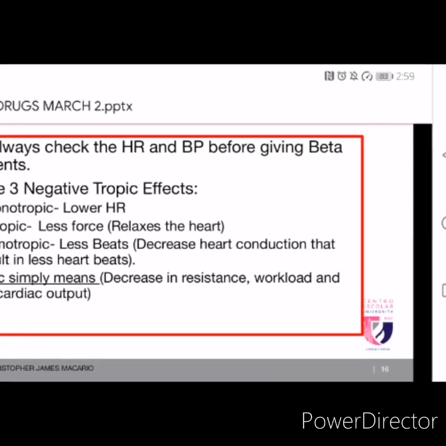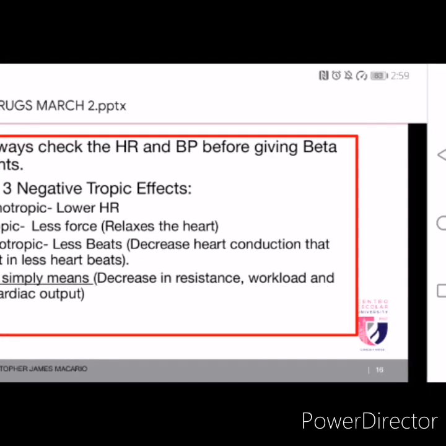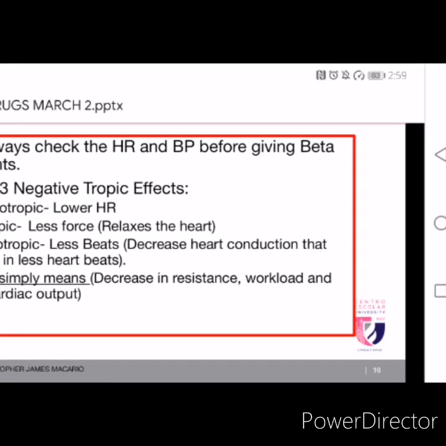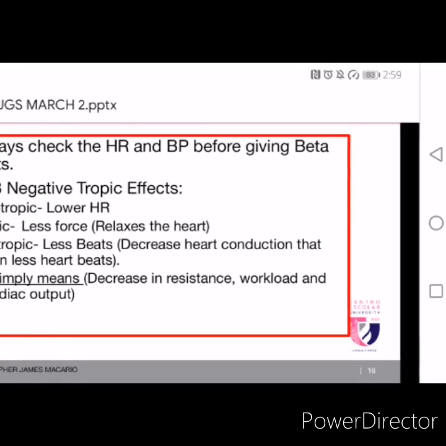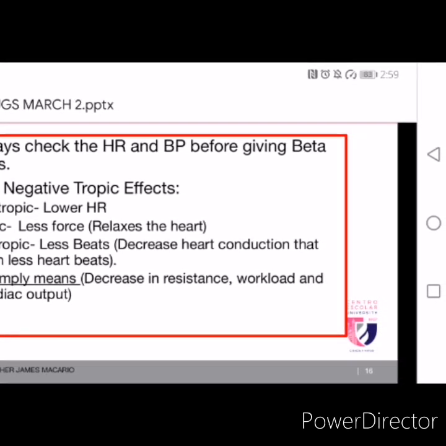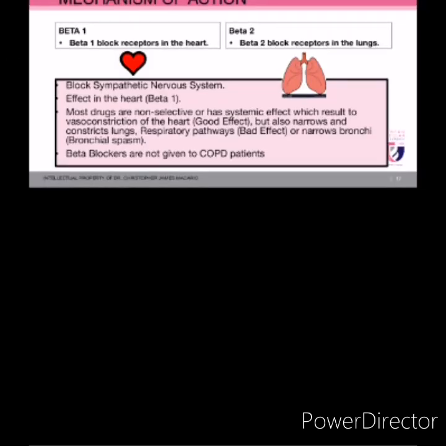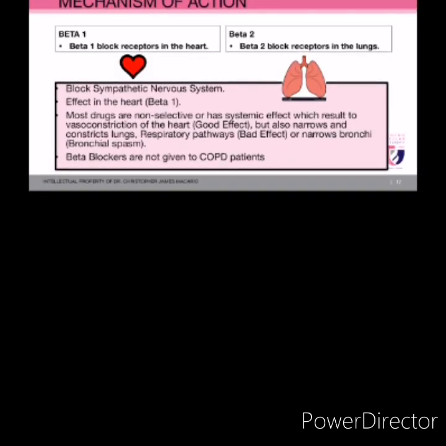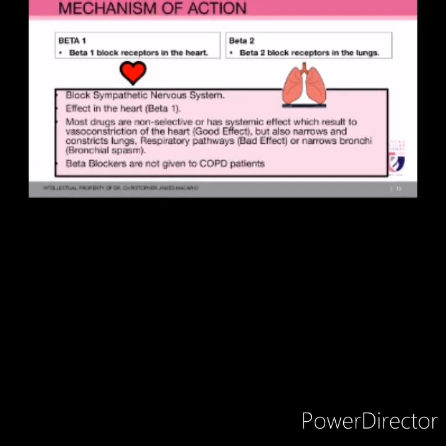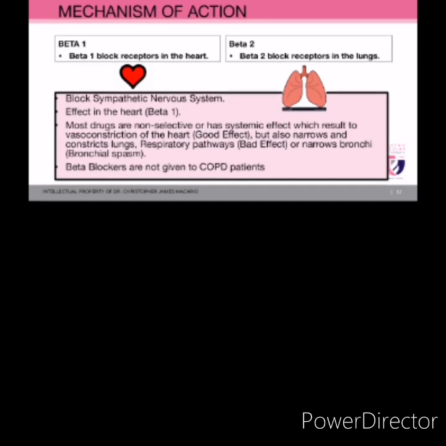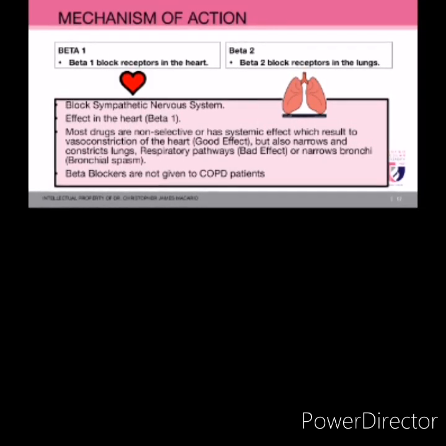And of course, with negative dromotropic or lessens the heartbeat, okay, yung cardiac output natin is improved. Kasi nga bumabagal yung heartbeat natin. Okay, beta 1 and beta 2. Beta 1 blocks the receptors in the heart while the beta 2 are the receptors in the lung.